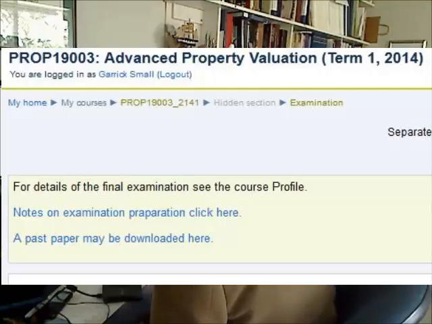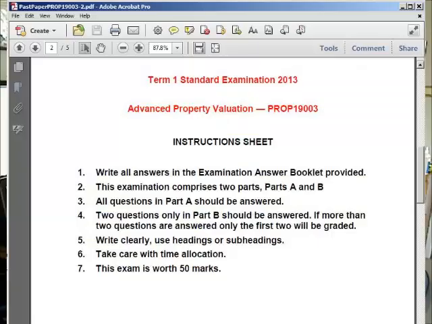One is notes on examination preparation, which if you've followed this video you will know considerably more than what is on that document. And the second is a past paper, and so you may load a past paper from that. That's actually the 2013 paper, and it's fairly representative of the style of what the paper is going to be this year.